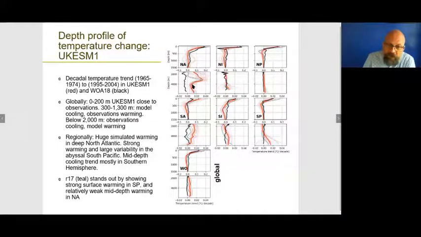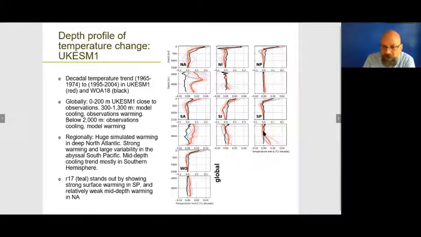There is an enormous warming here, so this is all detrended simulations. This is so we do not see the underlying model drift here. There's an enormous warming here in the North Atlantic. That's from ocean heat uptake in the North Atlantic and being transported at depth by the AMOC.